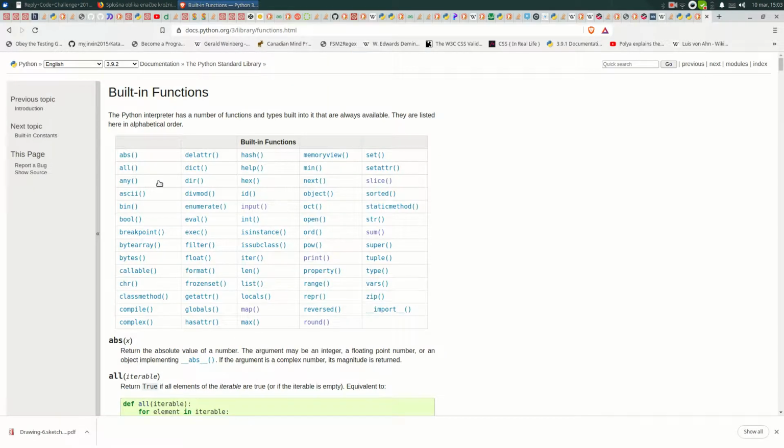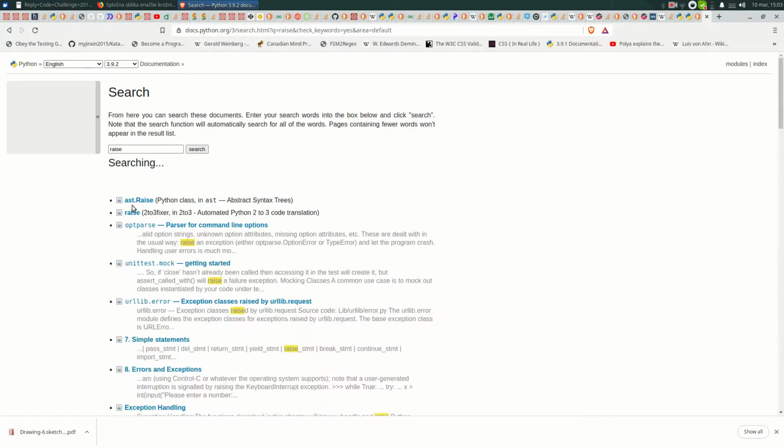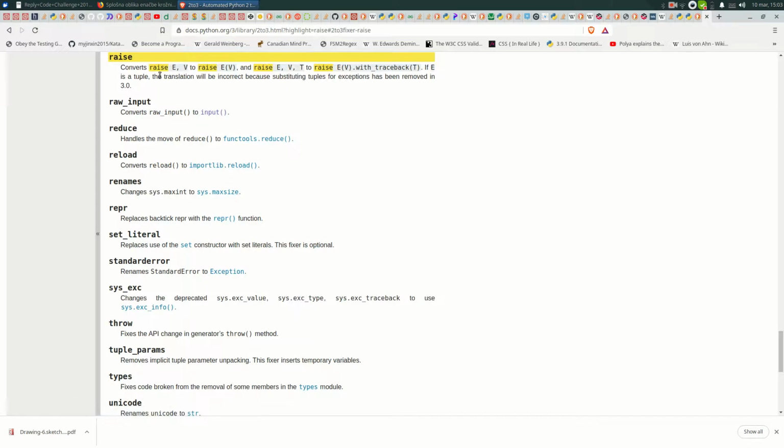Raise. Round, reverse, represent, range, raise. So we say raise. Raise e, raise e, traceback, e is a tuple.